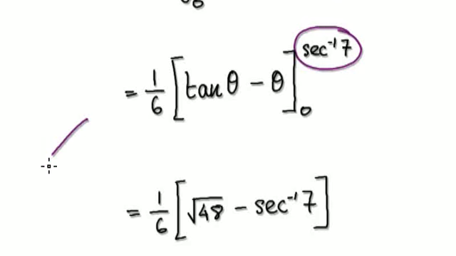Look at this bit here. Create your right angle triangle here. So secant is hypotenuse over adjacent.